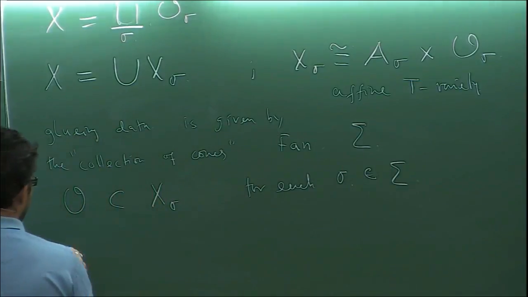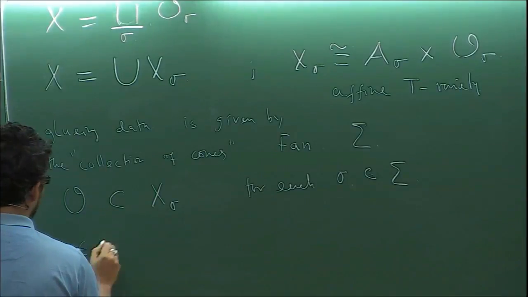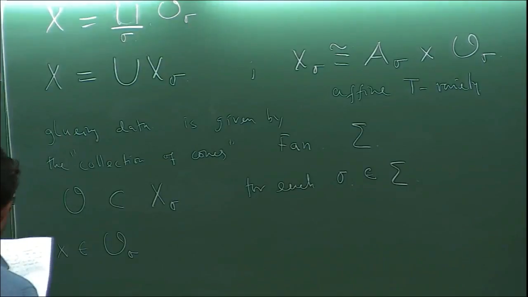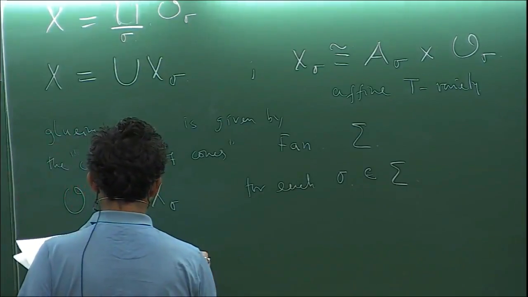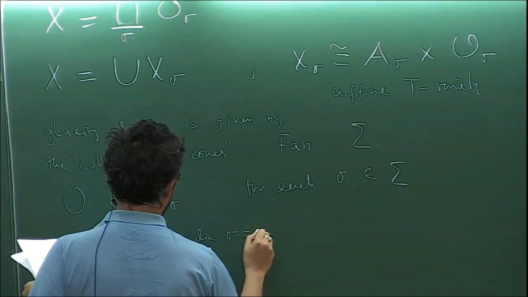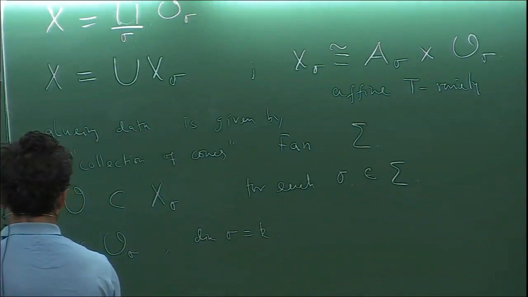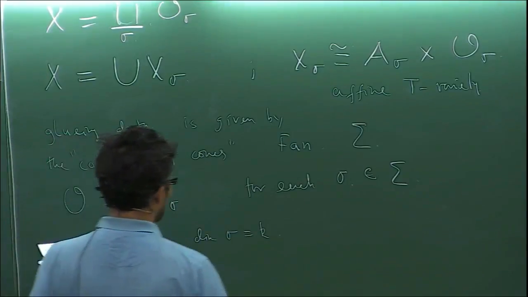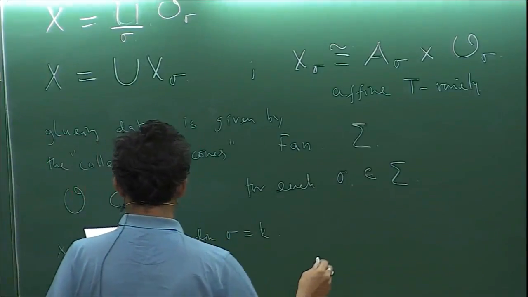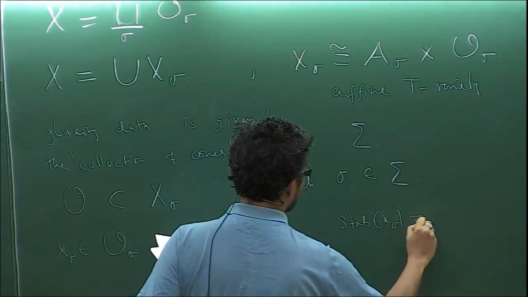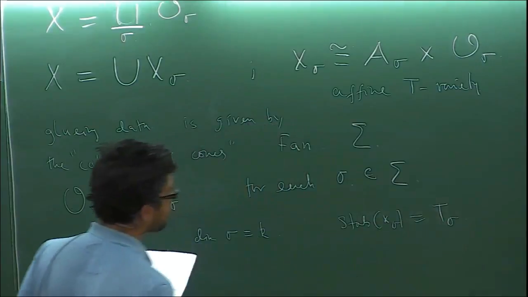If I take a point x sigma in the orbit corresponding to sigma, suppose the dimension of sigma is k, then the stabilizer group of x sigma I call T sigma.